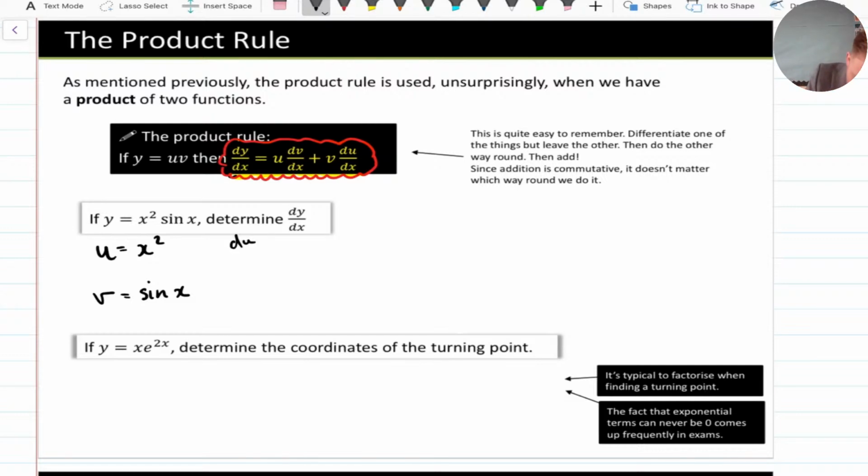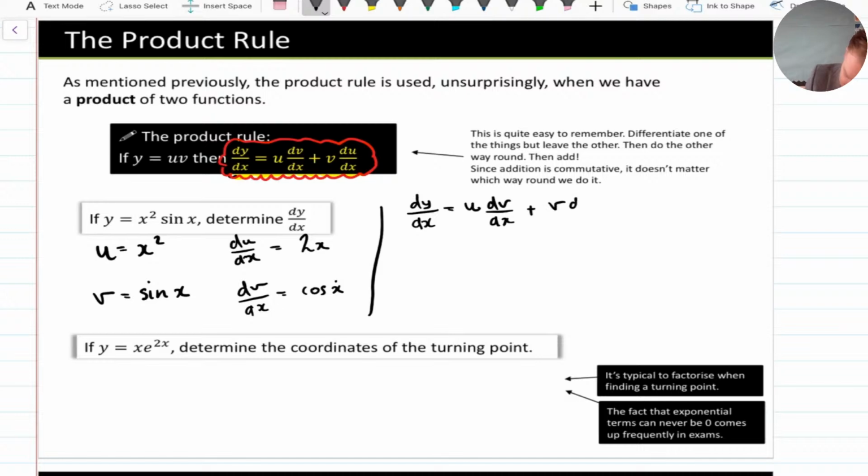So du by dx, we're differentiating with respect to x, is equal to 2x. dv by dx is equal to cos of x. We know that sine differentiates to cos of x. And then we just sub it into the formula, which is the product rule: dy by dx is equal to u dv by dx plus v du by dx.